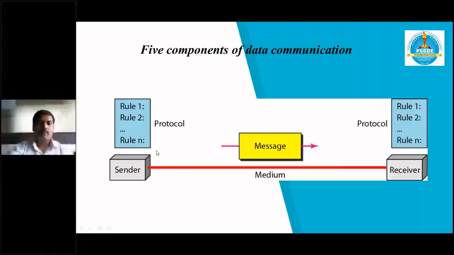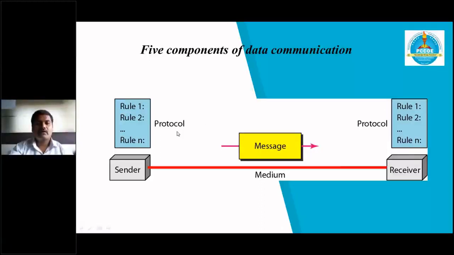And then one important part: both parties, the sender and receiver, should follow a certain set of rules, rule 1 up to n, which are considered protocols. Protocols are the set of rules that govern the actual communication between the source and the receiver.